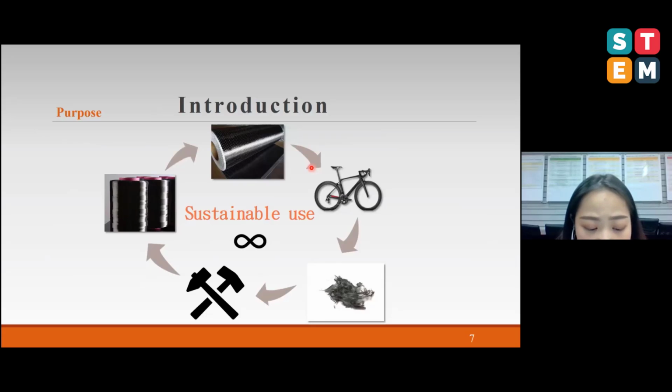Based on the previous discussions, the purpose of this experiment is to make the carbon fiber composite material sustainable. We collect the waste carbon fiber composite materials after the experiment, return it to original silk, and make it again.